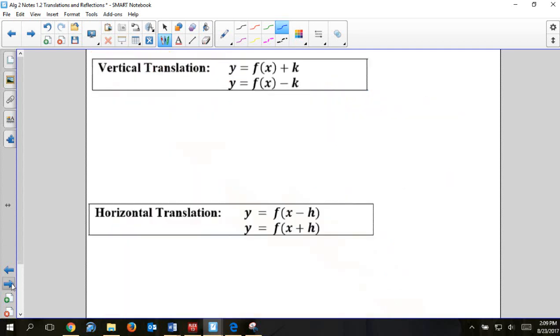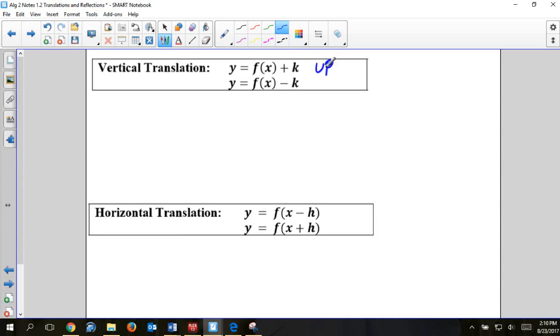Here it is again, on the next page. This is how I showed it to you the other day in the notes, the exact same thing. Vertical translation, if I have a plus k, where am I going to go? Up.